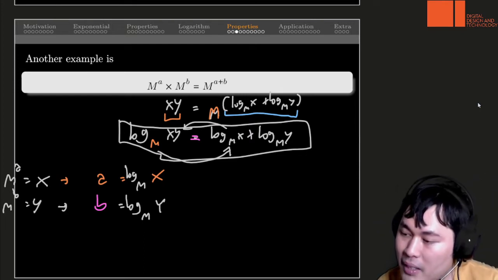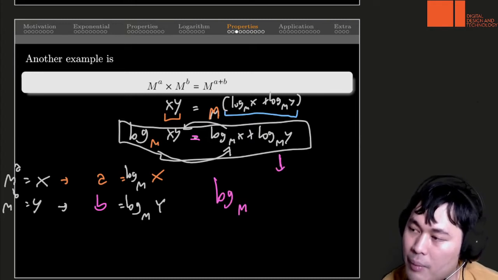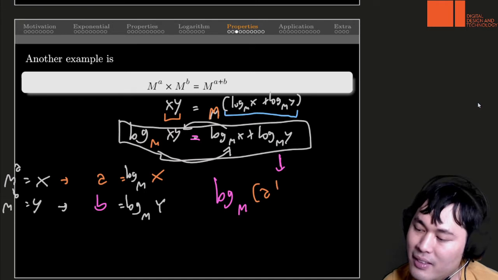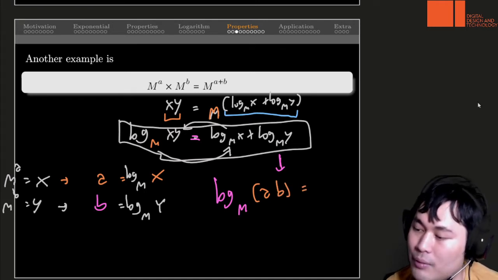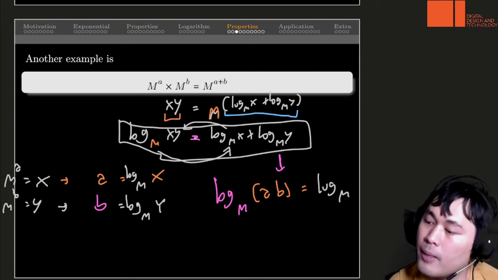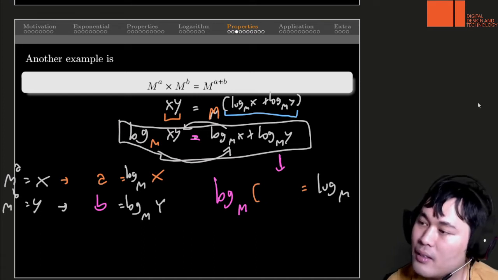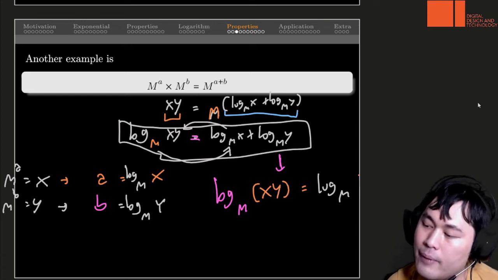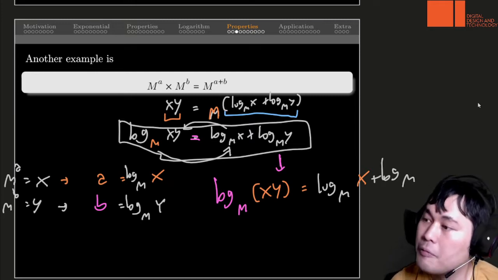Again, maybe let me rewrite that. The log base m of a product. And again, it doesn't make sense if you just look at it at first, but you have to juggle things around to see. So it's log base m of, sorry, let me just go back to x and y. Of x and y, log base m of x plus log base m of y.